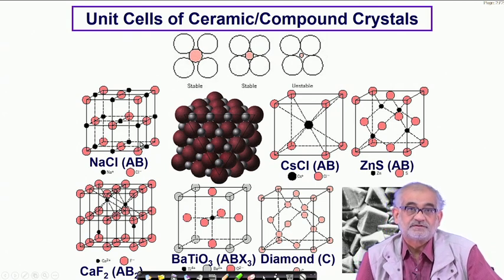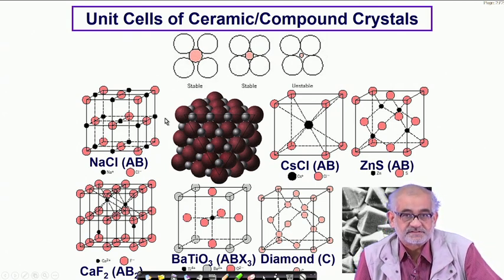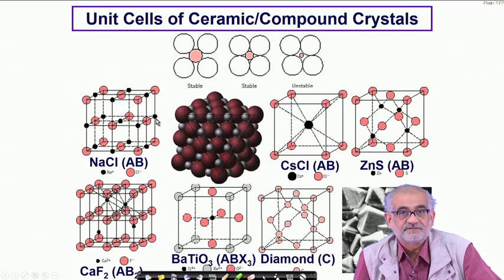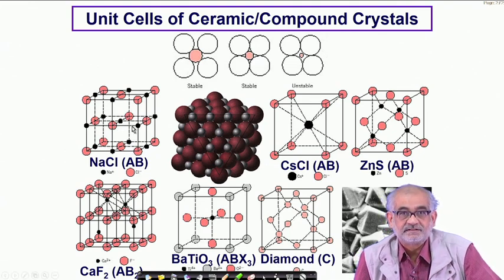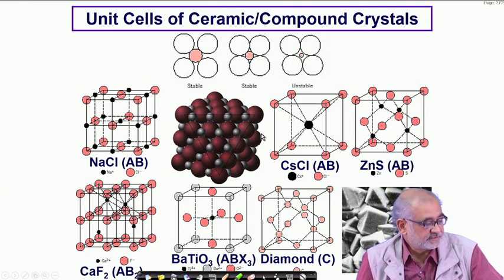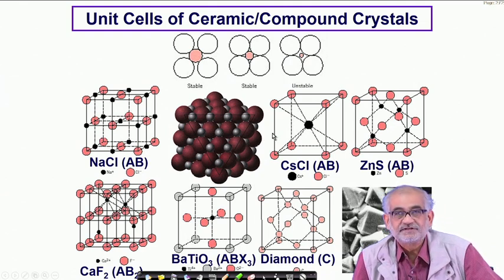Possibly one of the most complex structural descriptions is found in proteins, particularly the DNA and RNA that we all carry. But fortunately, engineers don't necessarily deal with such complex crystals all the time.